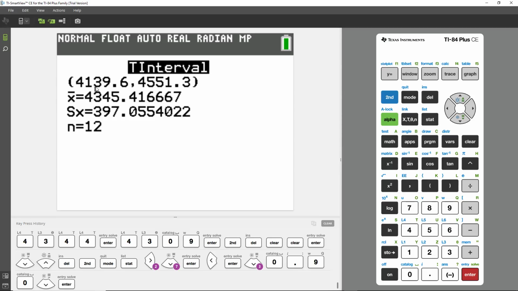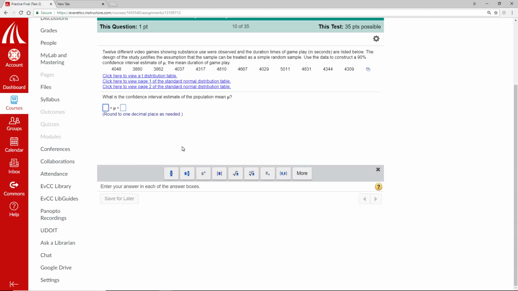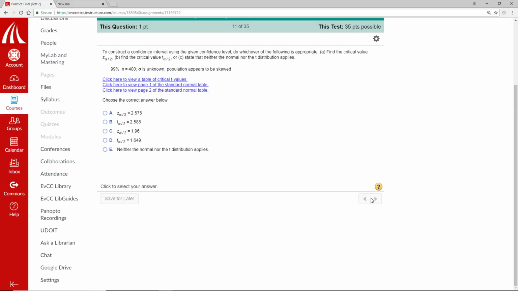For 4139.6, 4551.3. Round to 1 decimal place. Yeah, no problem. That's it. That's pretty much it.